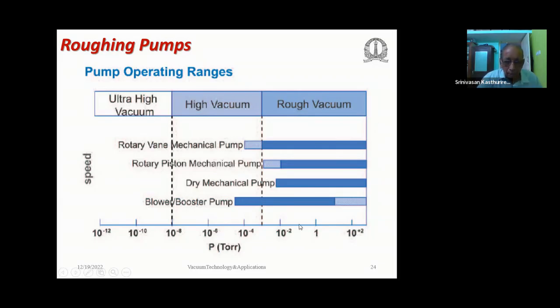So what are the pumps in this zone? One is the rotary vane mechanical pump, then the rotary piston mechanical pump, dry mechanical pumps, and then you have roots blower or booster pumps. These are the pumps which are useful in this range.